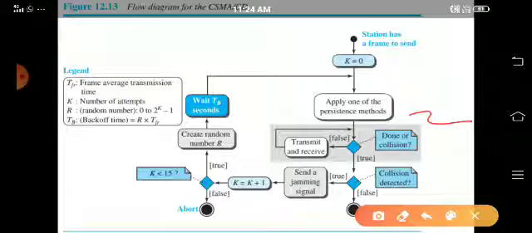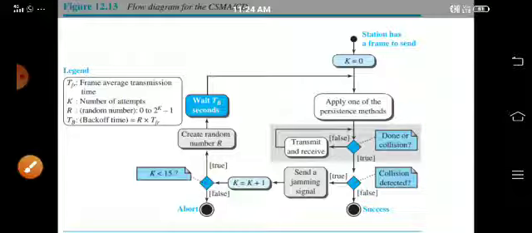You transmit and wait for the acknowledgement. It's a continuous process. If there is a collision, stop, abort, stop transmitting the data, apply one of the persistence methods and wait.